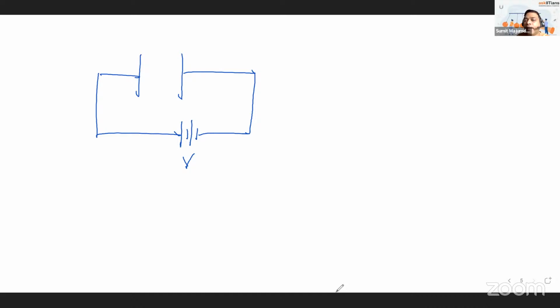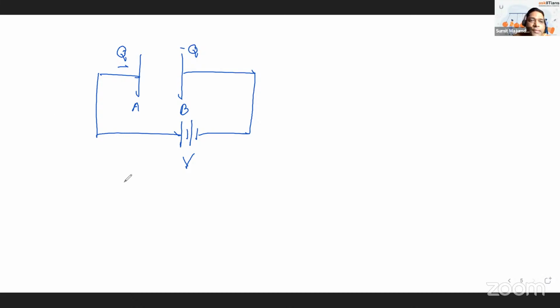Now, because of the introduction of the potential difference, we will say that there is going to be a charge here. If I mark this plate as A and this plate as B, this plate is going to have a positive charge, and this plate will have a negative charge.